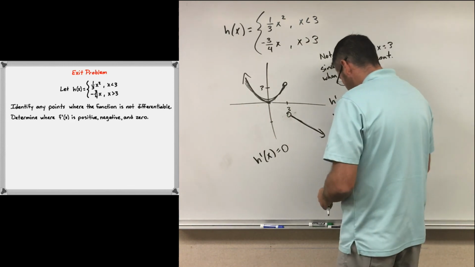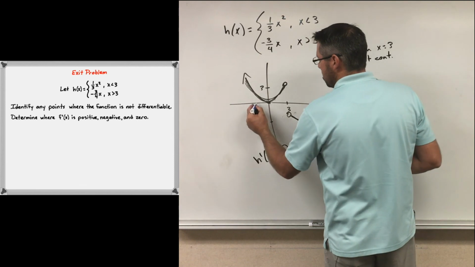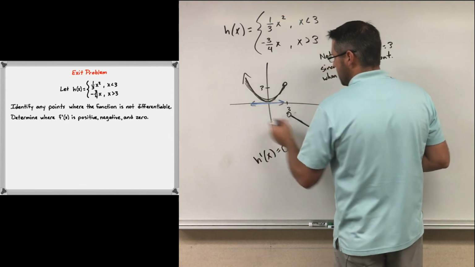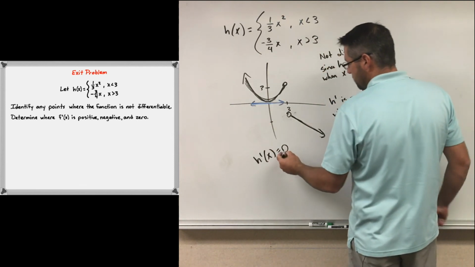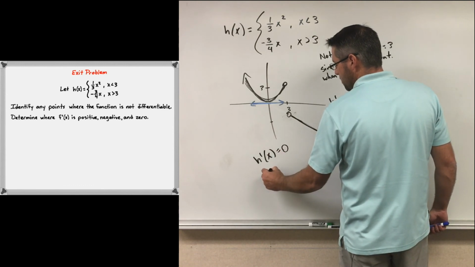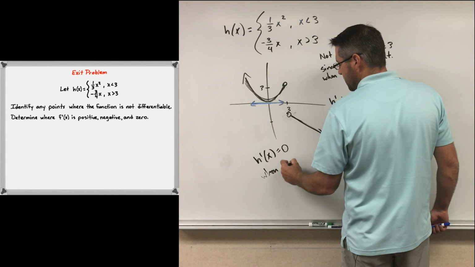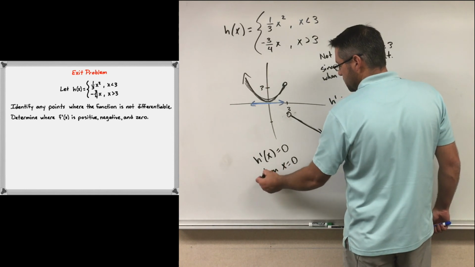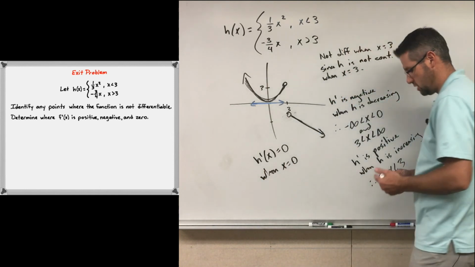Well, we can see that we have a tangent line here that would be flat. And so we can say h prime of x equals 0 when x equals 0, since we have a horizontal tangent line.